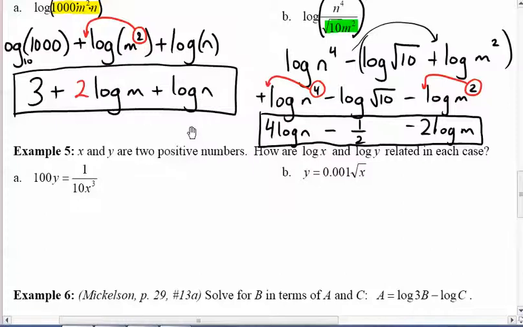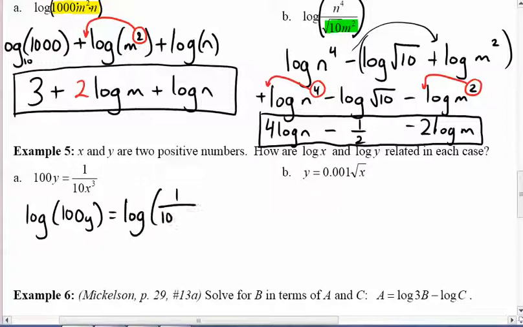So in example 5, we're given some equations, and we can find out the relationship between log x and log y just by taking log on both sides. So take log of everything on the left, it equals log of everything on the right. Basically what this question is asking you to do is solve for log y.